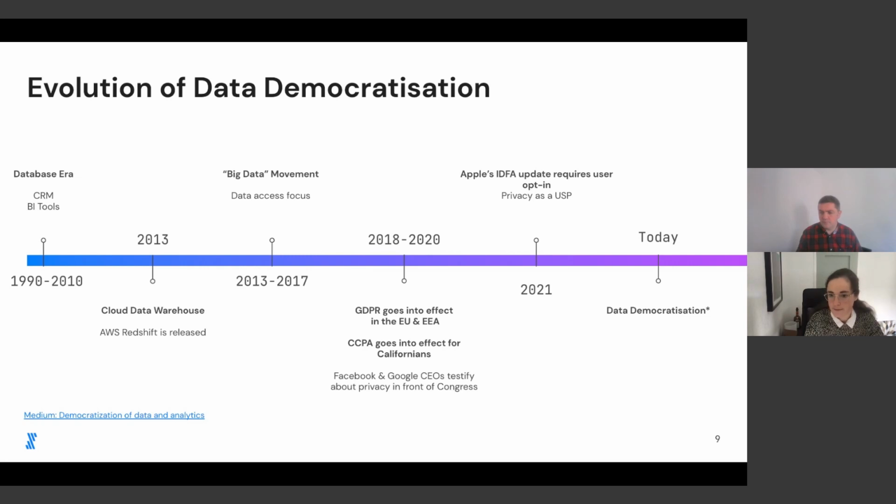And I think where we're at today is data democratization, but within asterisks. I've added that asterisk because if you look back at that definition we saw when you just Google it, it was just about access, and there was no mention of the right level of access or the literacy needed to understand that data.